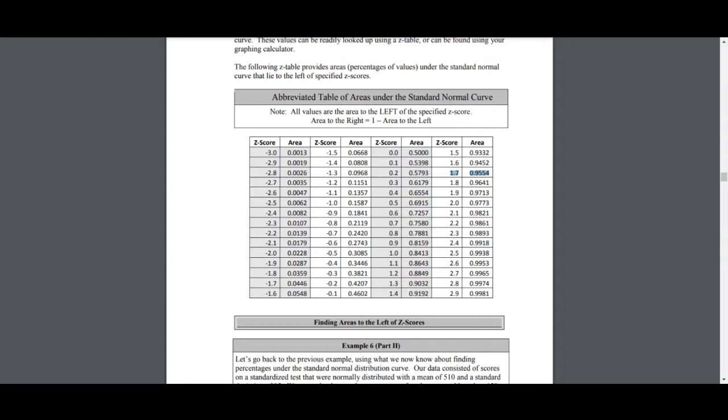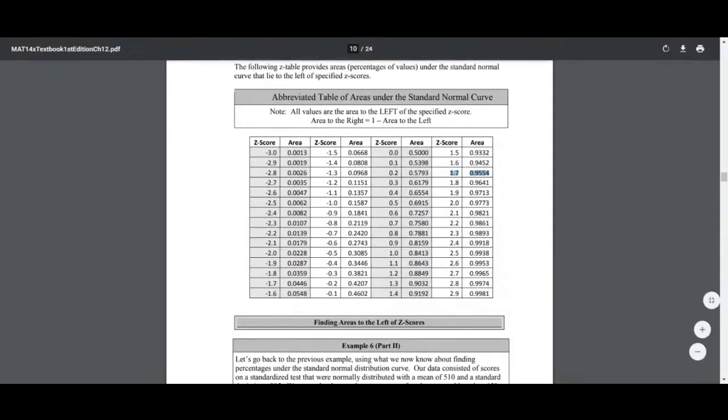Notice that that z-score is not there in the table, is it? What we can, however, do is round to one decimal place. That's generally what you have to do to use this table. You have to round. So instead, we can round to negative 0.8.